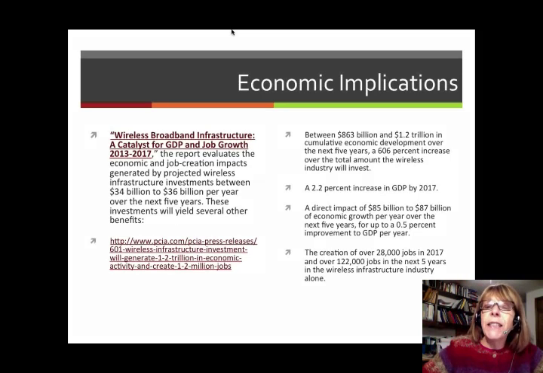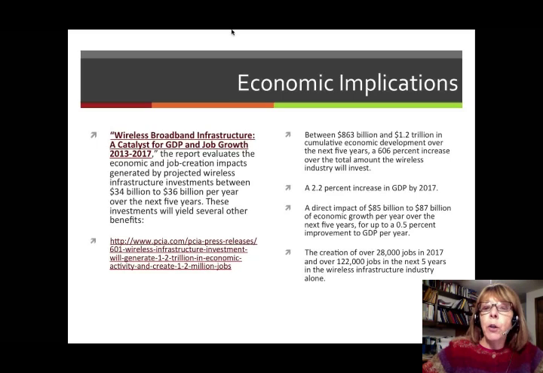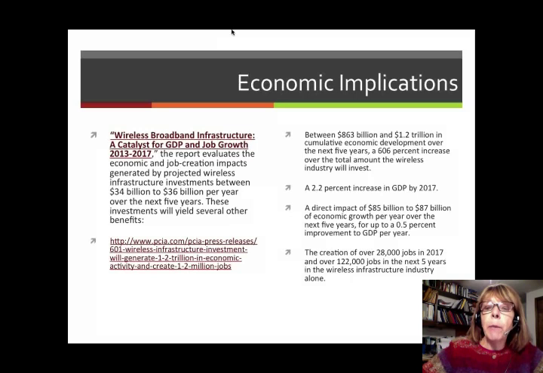So 606% increase. There will also be a 2.2% increase in the GDP in the United States by 2017, and a direct impact of $85 billion to $87 billion of economic growth per year over the next 5 years.